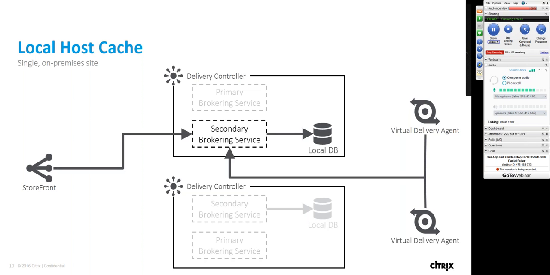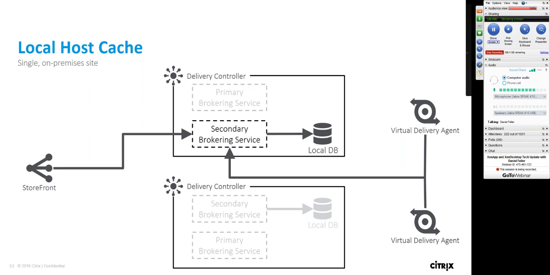Now, the whole reason why that's important, when I was talking about the elections being alphabetical, is to think about what's happening here. I had the entire VDA load spread across multiple delivery controllers. There's a CPU and a RAM hit that comes with processing all these registrations for the VDAs. Now, in a single on-premises environment, one delivery controller in a failover situation takes over.